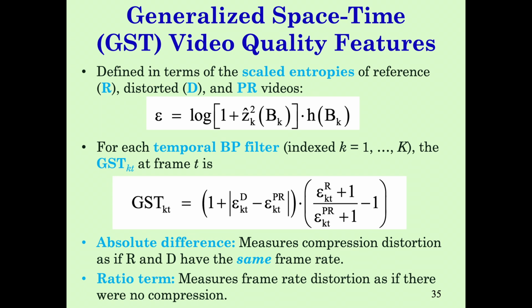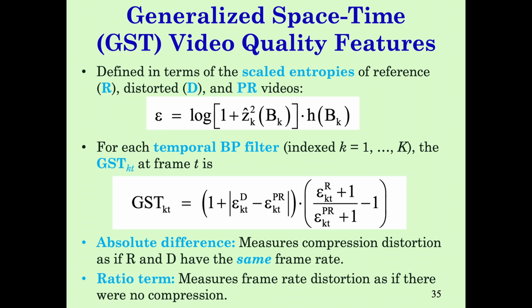Because in our model, we compute entropies of all three: reference, distorted, and pseudo-reference. This is a full reference model. This shows what we call the generalized space-time quality features. We difference the entropies of the distorted and the pseudo-reference, and also we take a ratio of the reference and the pseudo-reference.